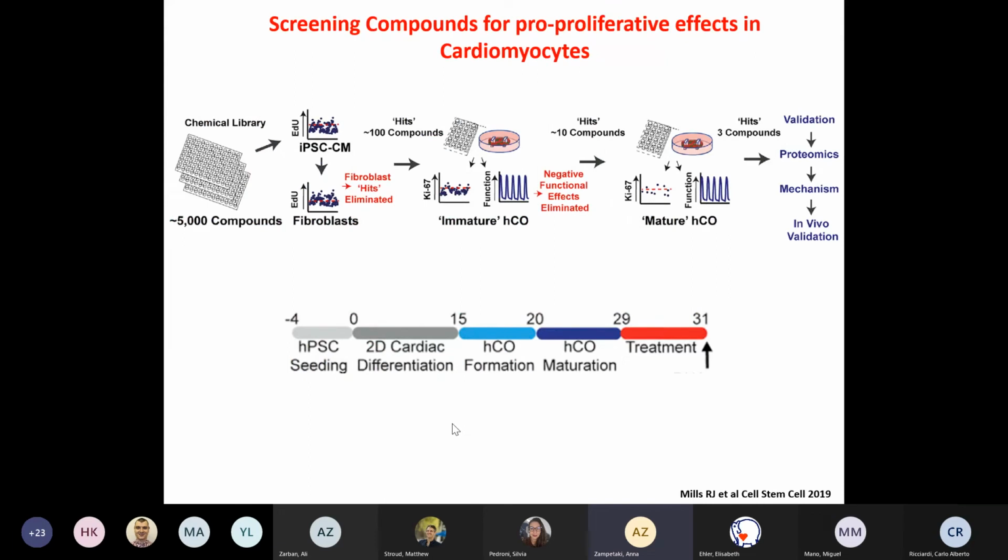Now, the second example that I would like to mention is the screening of compounds that have a pro-proliferative effect in cardiomyocytes.